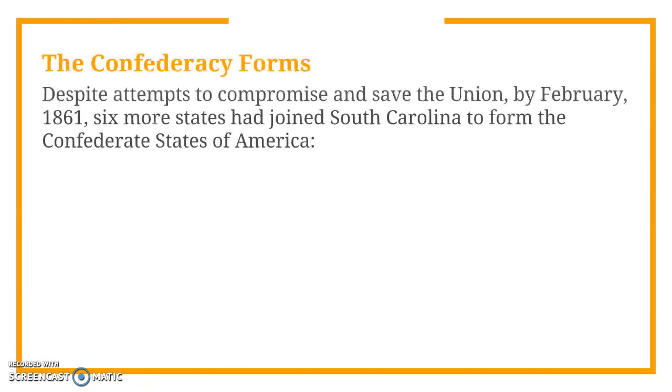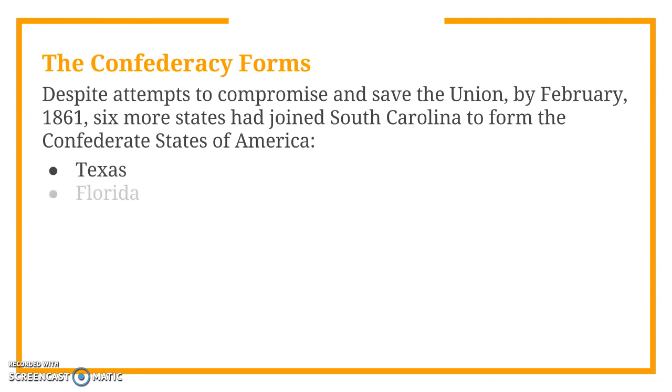Now, after South Carolina left, there were many attempts to compromise and save the Union made by politicians in Washington, made by President Lincoln. But by February of 1861, so just about 2 to 3 months later, there were 6 more states that had joined South Carolina to form the Confederate States of America, a separate country.